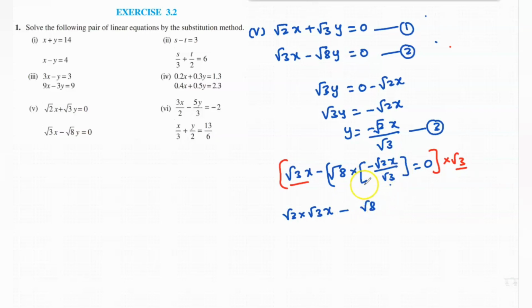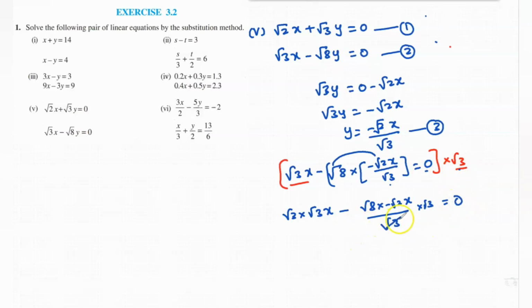So we will have root 8 multiplied by minus root 2x by root 3, into root 3, which is equal to 0 into root 3. 0 into anything is 0.